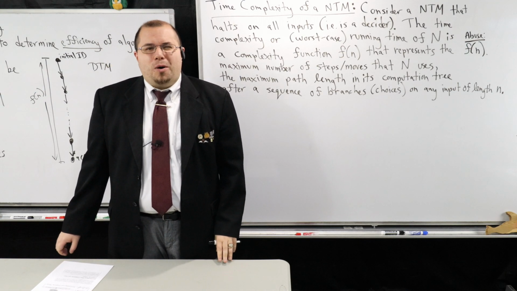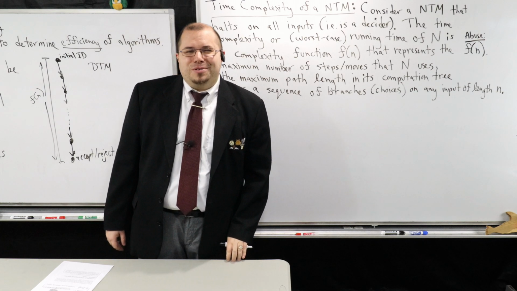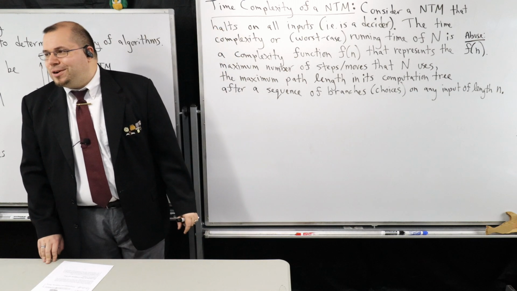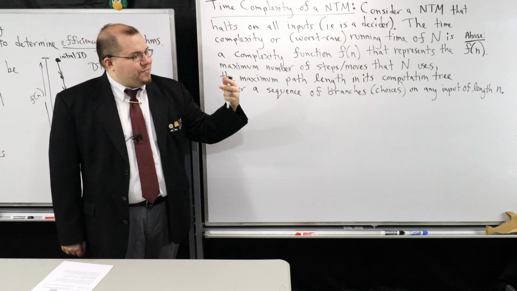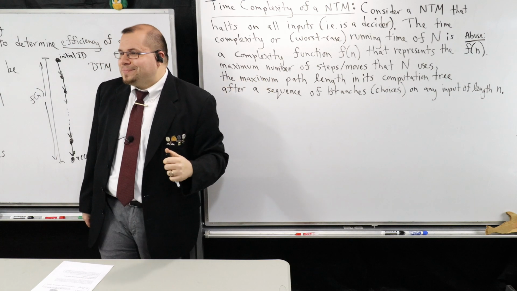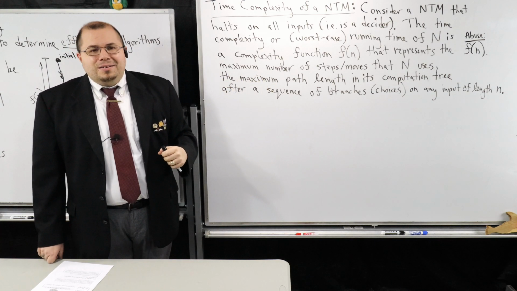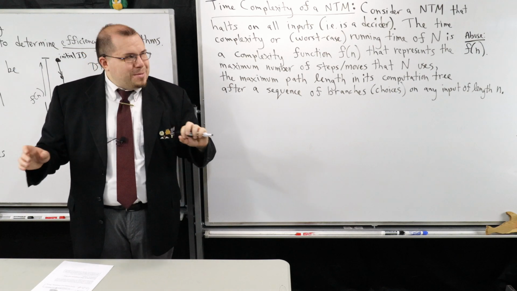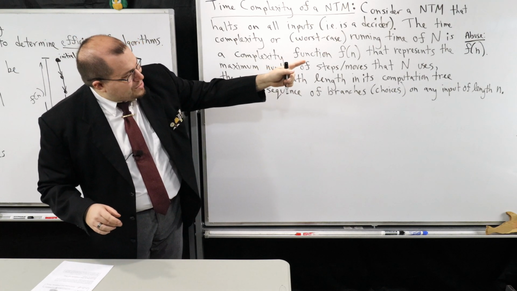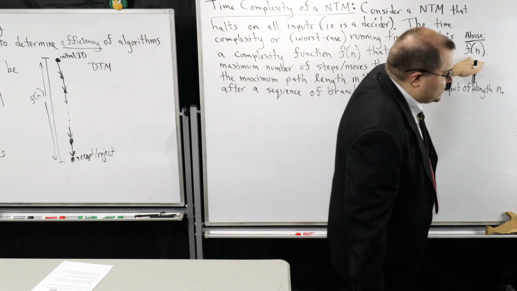Can somebody tell me why that might be considered an abusive notation if I were to use that to say, okay, that's the function f given some input n? Is there anybody that could tell me why somebody might say that's an abusive notation if I'm going to use this to describe f?